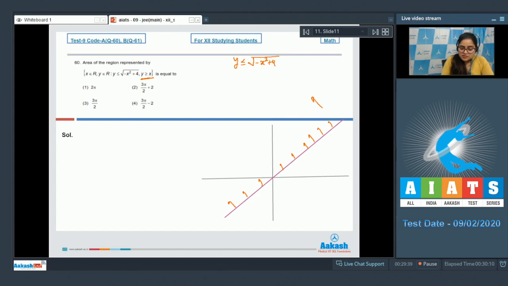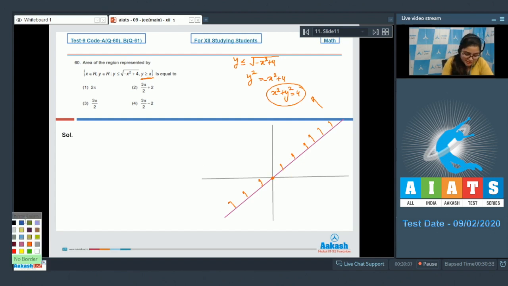See, this quantity is always positive, so y is less than or equal to this quantity, so y can be positive or negative. Now see, by squaring, this is part of a circle, its center is 0, 0 and radius is 2.